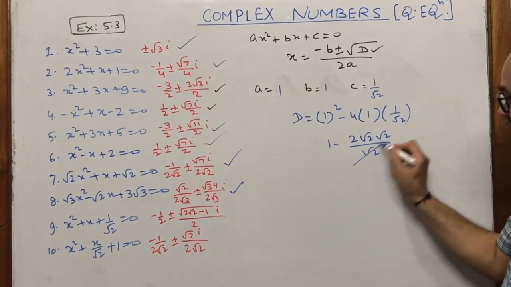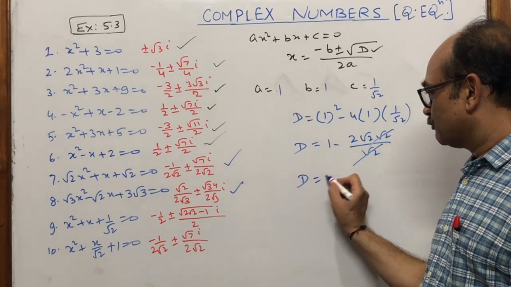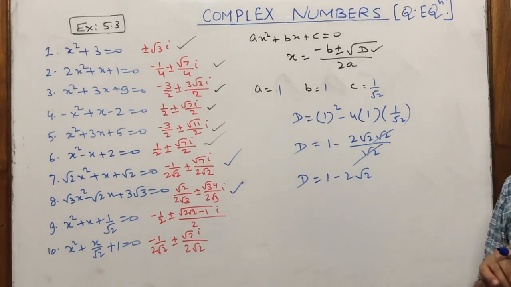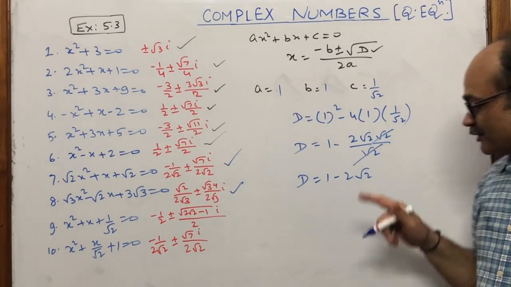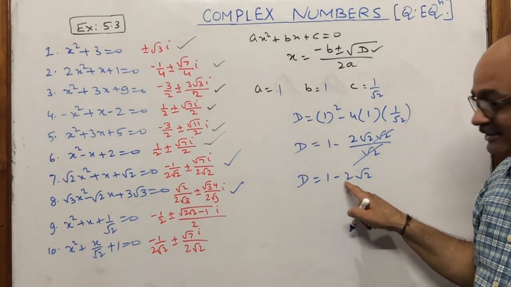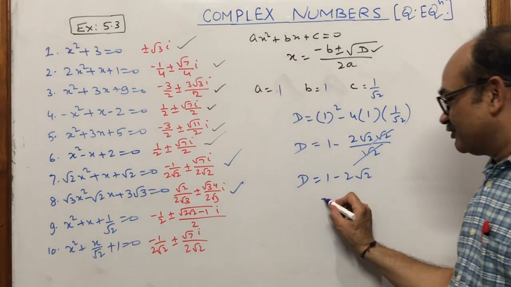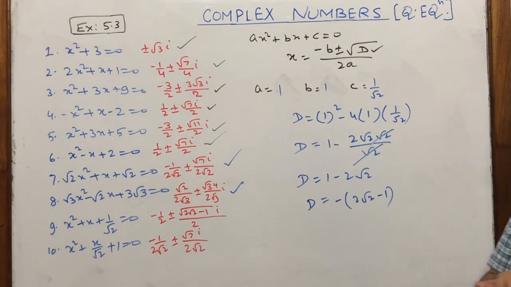Why? So that these cancel. Now tell me, D is coming 1 minus 2 root 2. Is it a negative quantity or a positive quantity? Students get confused in this. 1.41 into 2. Negative quantity is more than positive quantity. That's why we can write it negative of 2 root 2 minus 1.